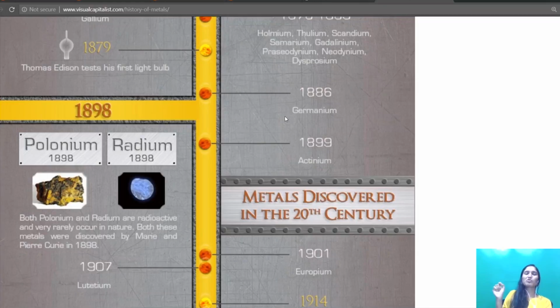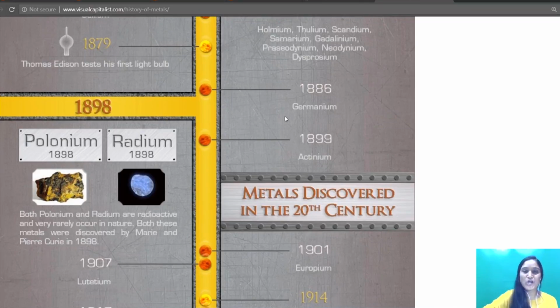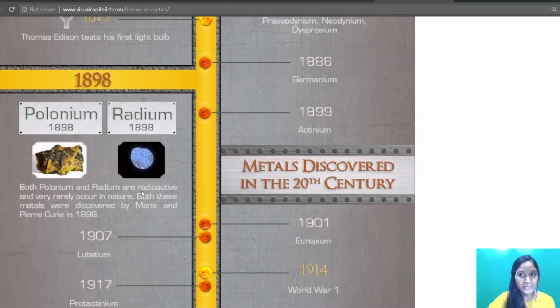How many of you have studied about Madame Curie? Madame Curie is the actual pronunciation, but you can call it however you want. Madame Curie, the person who researched radioactivity and discovered radium, 1998. And she unfortunately died due to radioactivity, due to penetration of radioactive radiations.